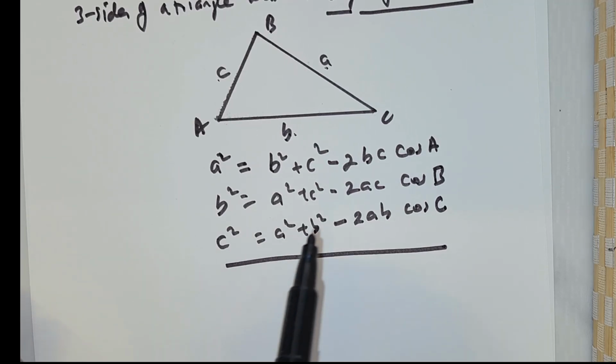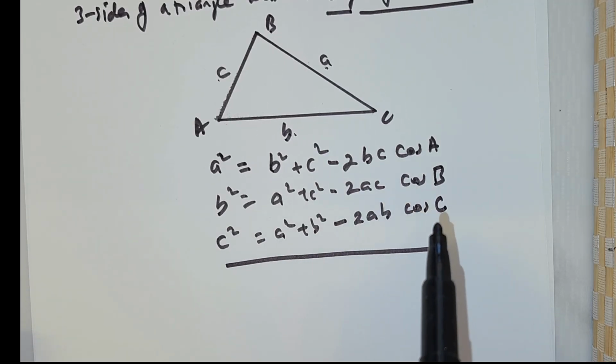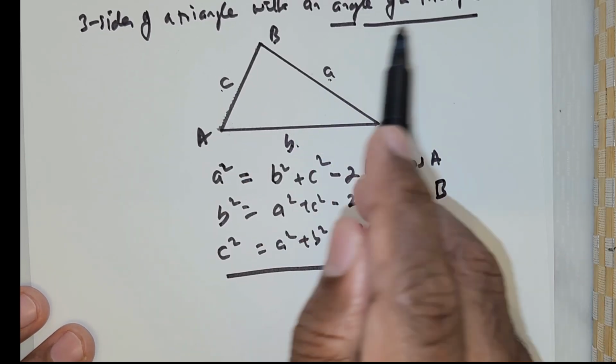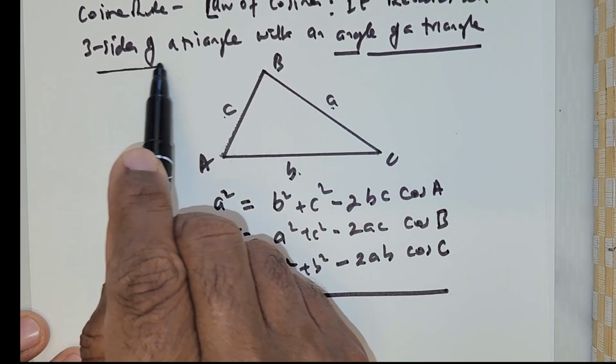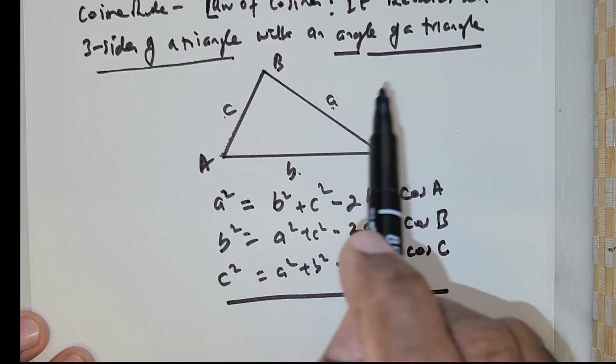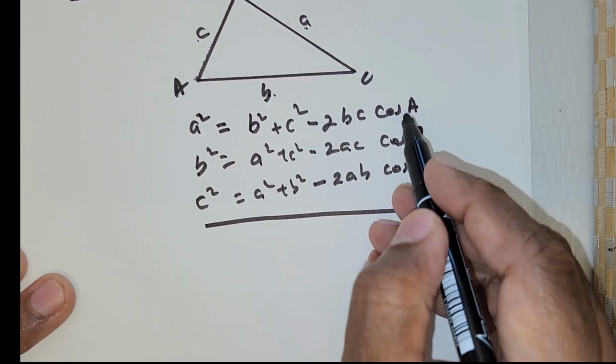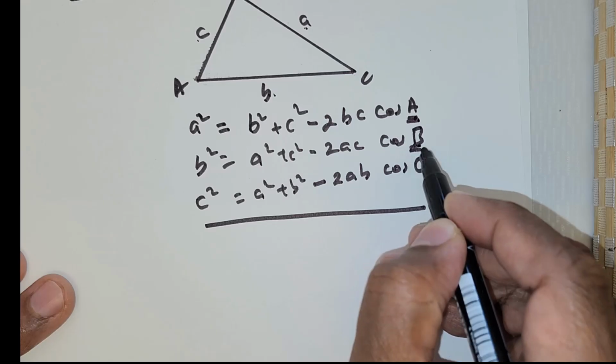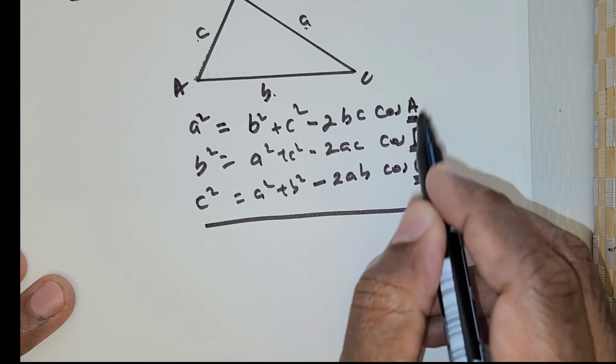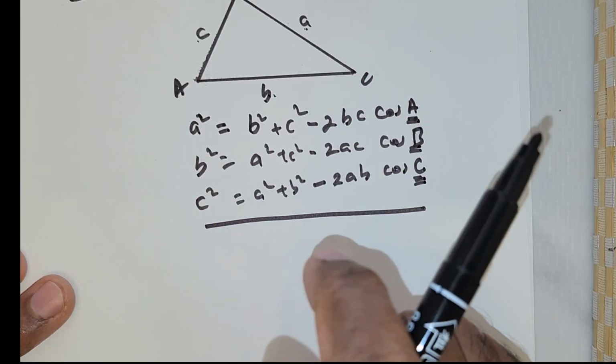If somebody asks you what the cosine rule does, you need to state that it relates all three sides of a triangle with an angle. You see that? This is the angle that is in relationship with the other sides.